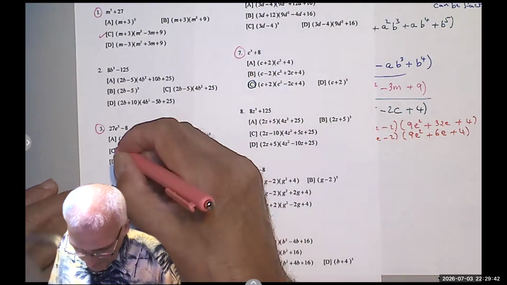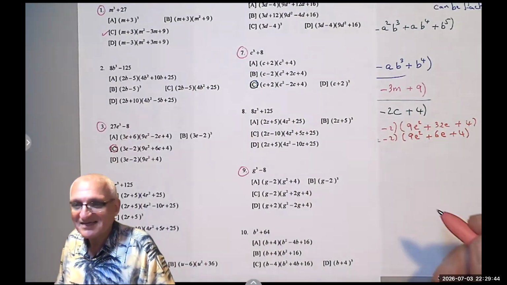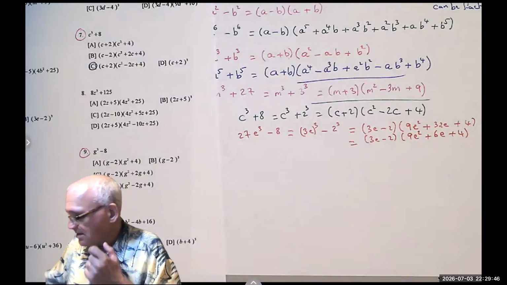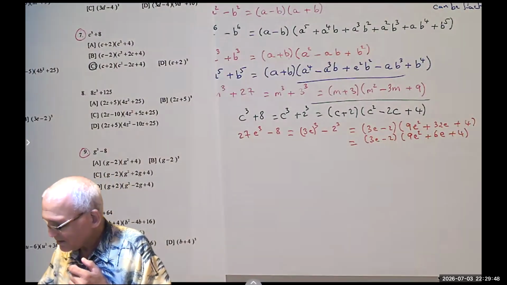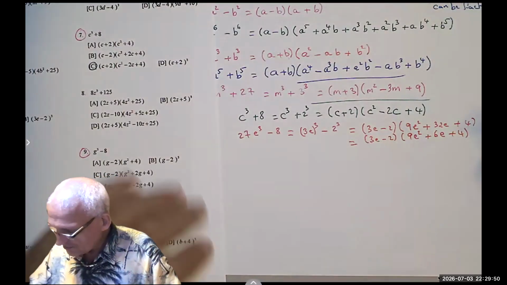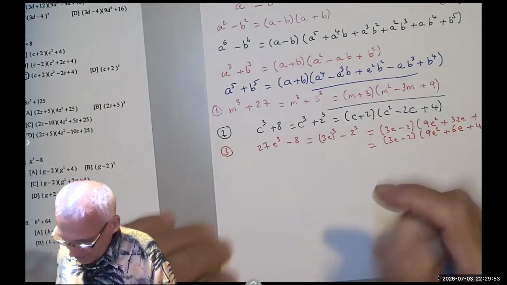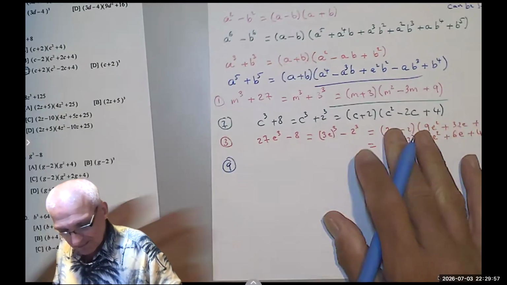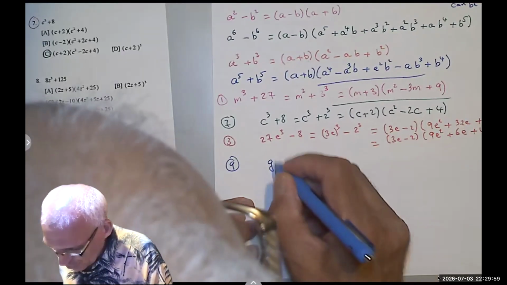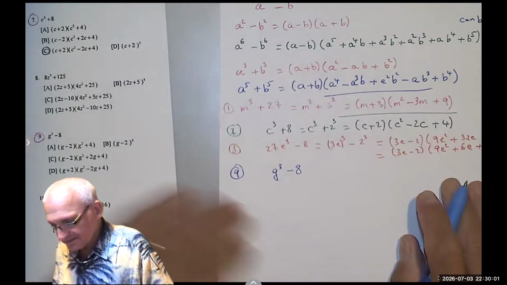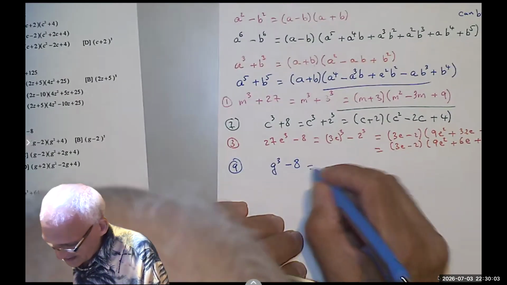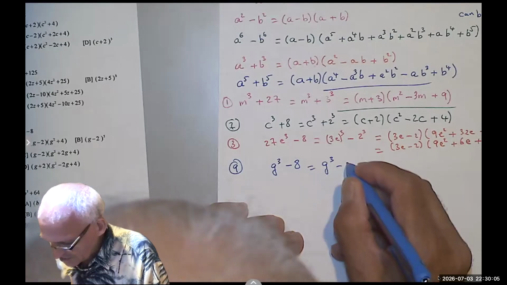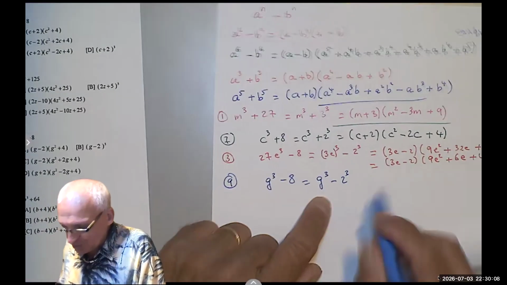It seems like all of them are C, the ones we pick. Okay, now let's move to the next one, which is number 9. G cubed minus 8. So it's G cubed minus 2 cubed, difference of 2 cubes.